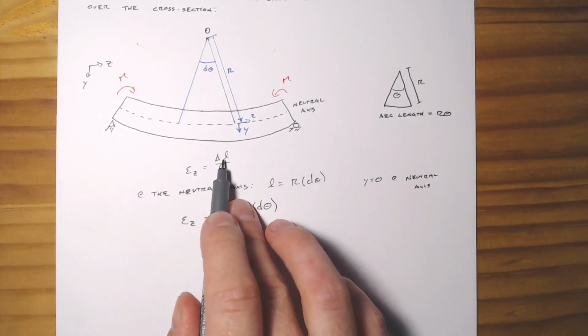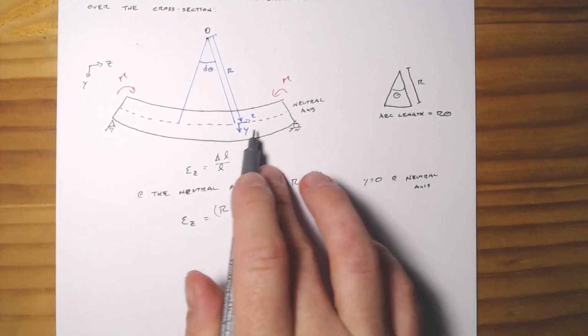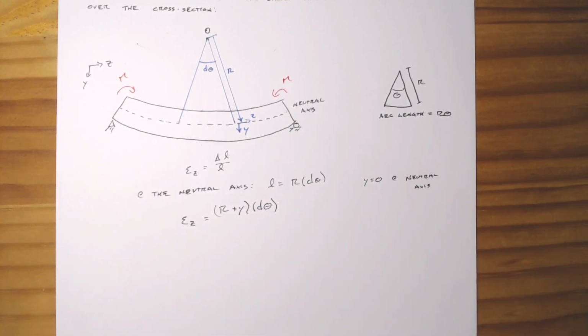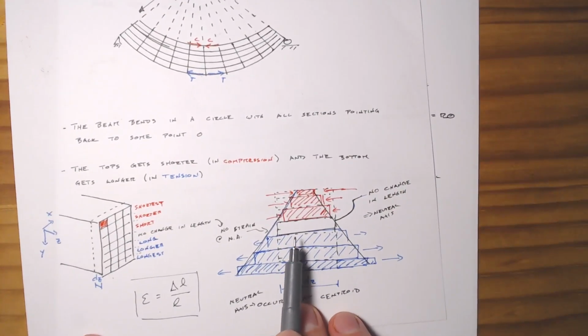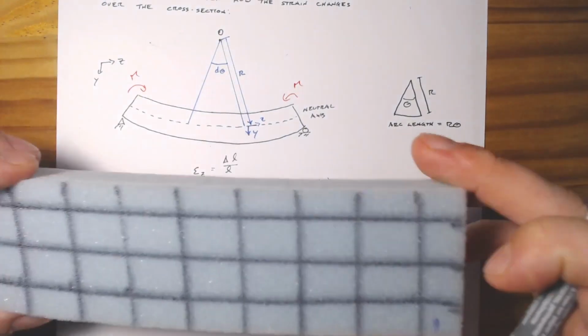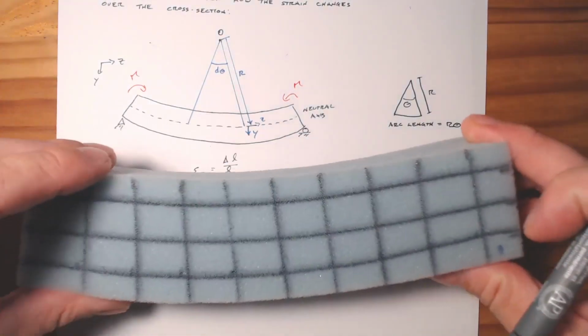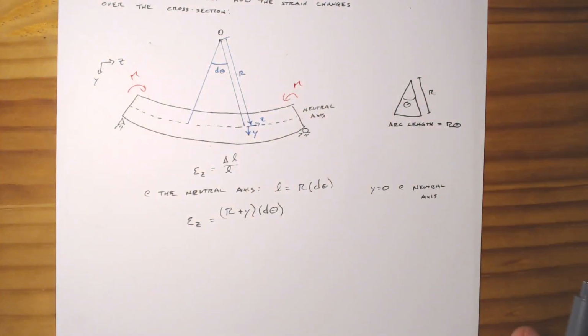So, if delta L is L1 minus L naught, well, L naught, the only thing which is not changing its length is this neutral axis, right? So right here in the middle of the beam, it doesn't change any length. It doesn't get longer or shorter. It just stays the same length. It just rotates around. It's only the top and bottom that change length.